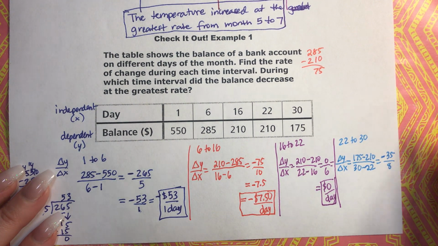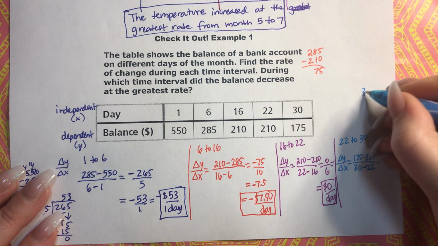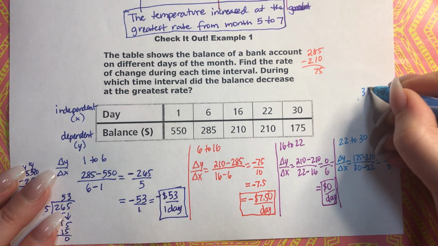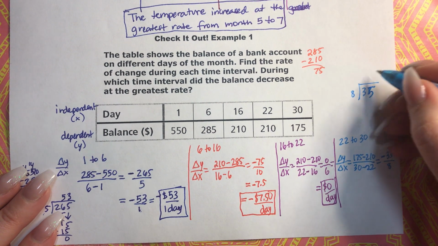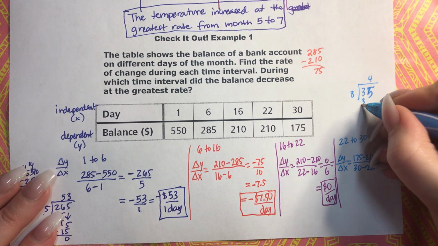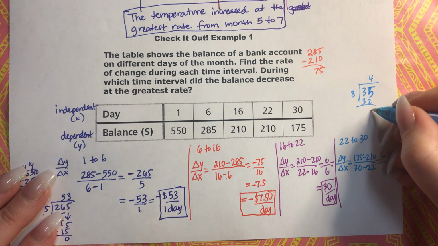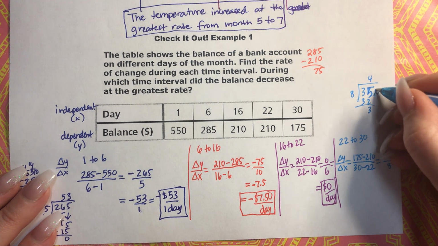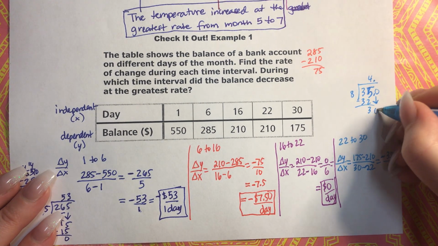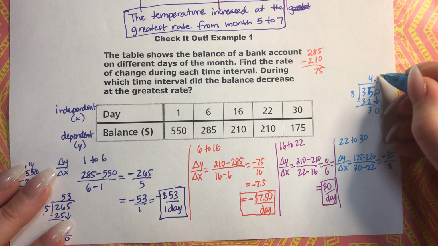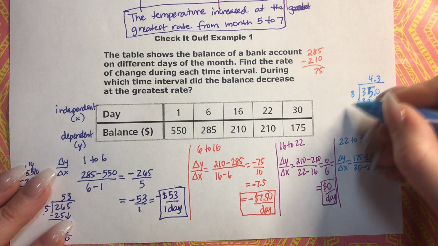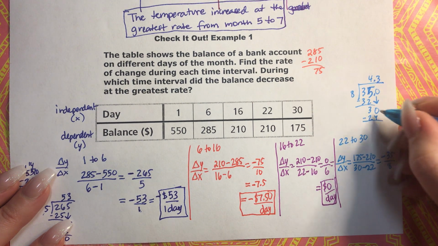So since we're talking about money, I'm just going to divide it. 35, oh, that's not even a 5, that's a 7. 35 divided by 8. 8 goes in there 4 times. 4 times 8 is 32. Then we subtract. Make that a 0. Drop it down. 8 goes into 30 3 times. 3 times 8 is 24.